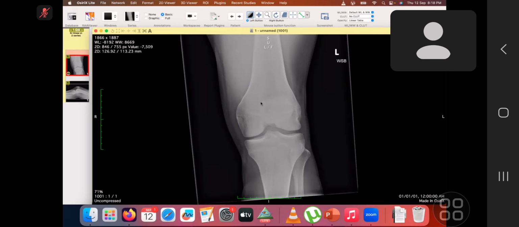And I can hardly see that there is a lesion here at the medial condyle, medial femoral condyle, which seems surrounded by a lucent margin. But can I window through the image or is it not possible?